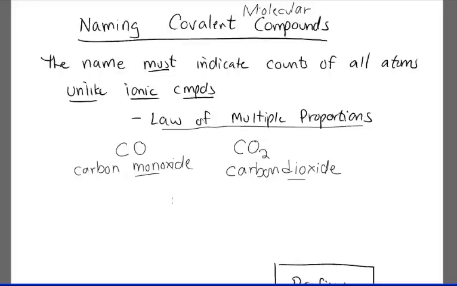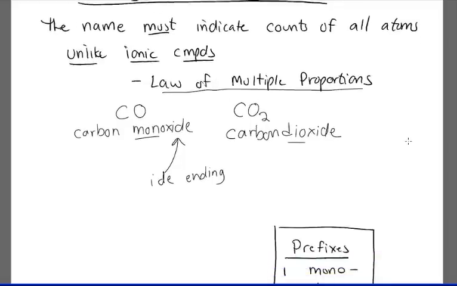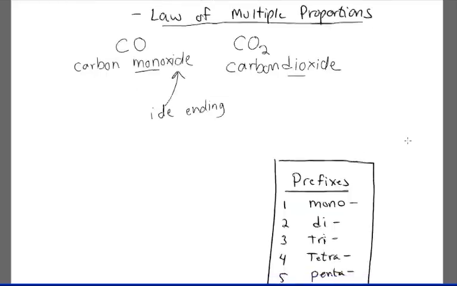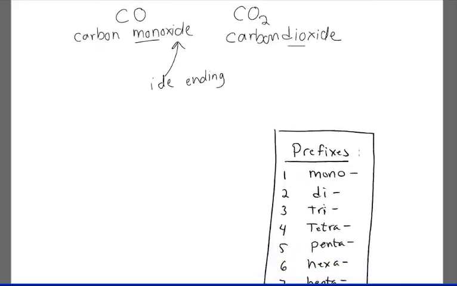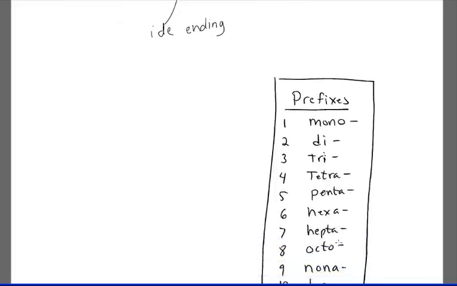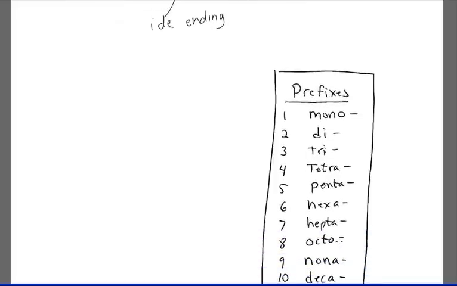And also notice that they do still have the IDE ending on the second part of the name. And the first part is just the element, except if there's more than one. Okay, so the prefixes are given down here, where mono means 1, di means 2, tri is 3, tetra, penta, hexa, hepta, octo, nona, and deca, for up to 10.